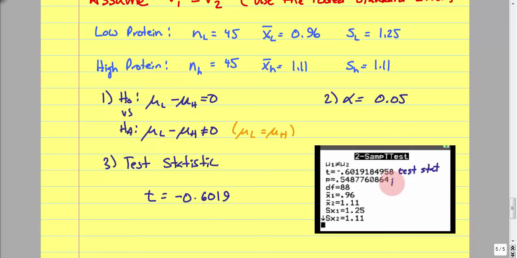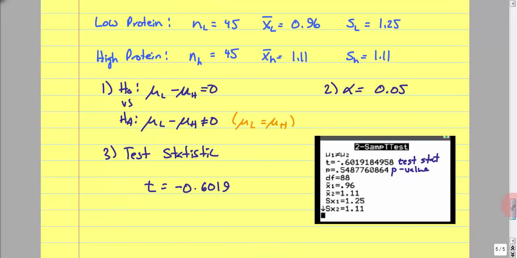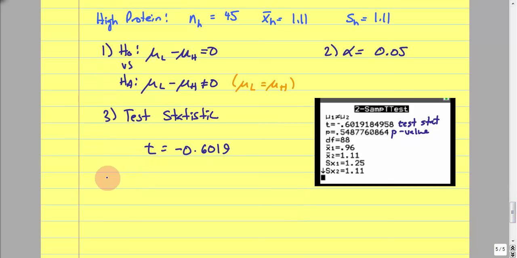But I think it's just as easy to use this to get accurate values, because there are a lot of mistakes that can be made when you're calculating those with those complicated formulas. Now my p-value here, again, you can calculate that or you can just get it directly from our output here. 0.5488, we'll say rounded to 4 places.